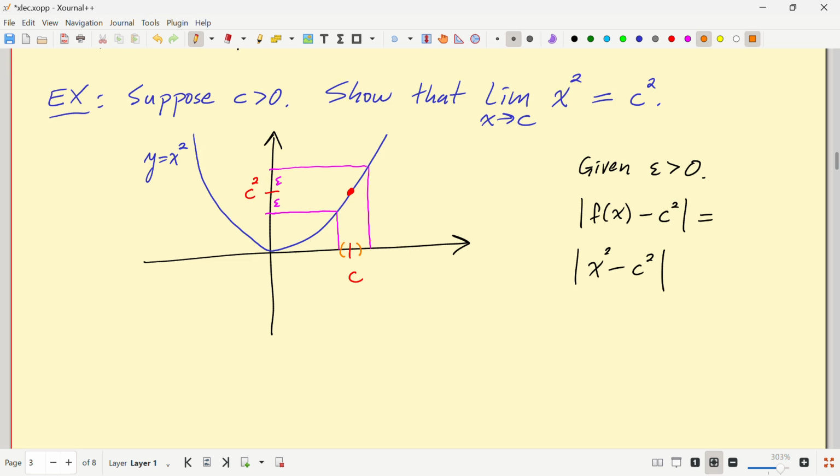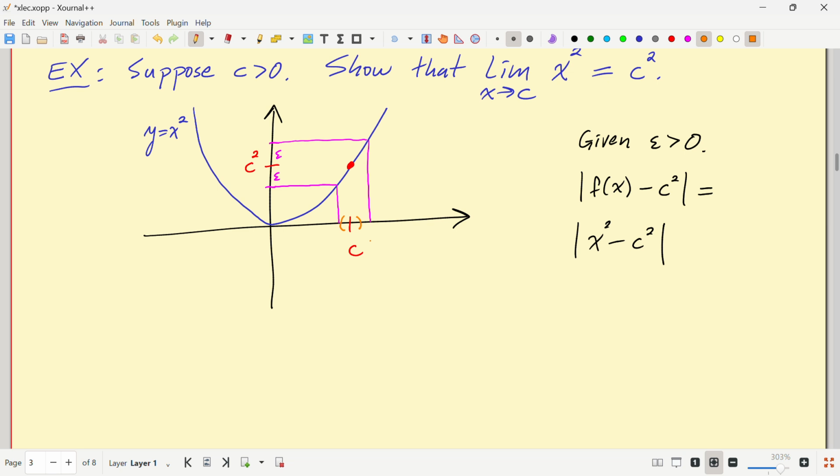But we don't have to worry about the best possible delta. We just want a delta. Oh, let's think about it.